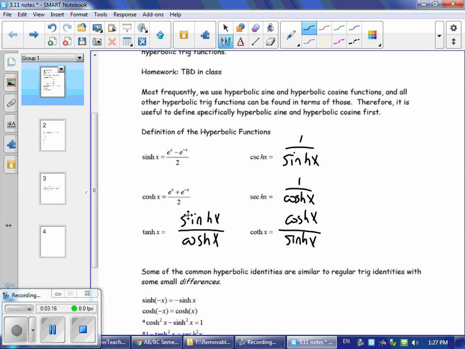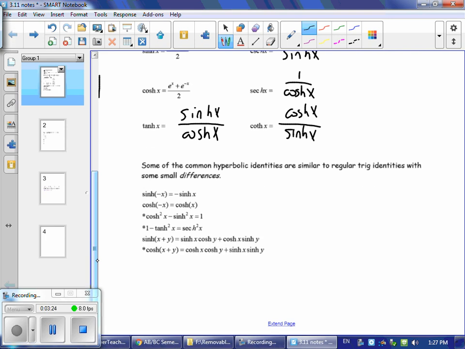Some of your common hyperbolic identities are very similar to the regular trig identities, with a few small differences. If you take the sinh of negative x, it's the same thing as the negative sinh of x. What does that mean? Well, if I take a negative x value and replace it with a positive x value, it changes the y value.